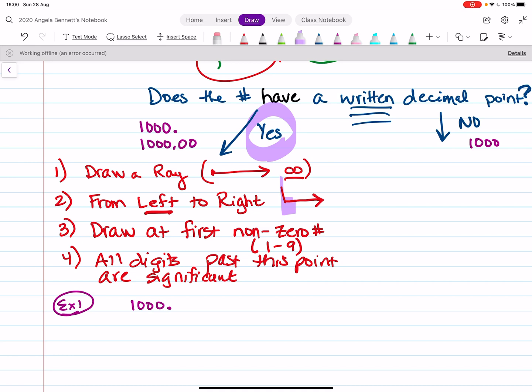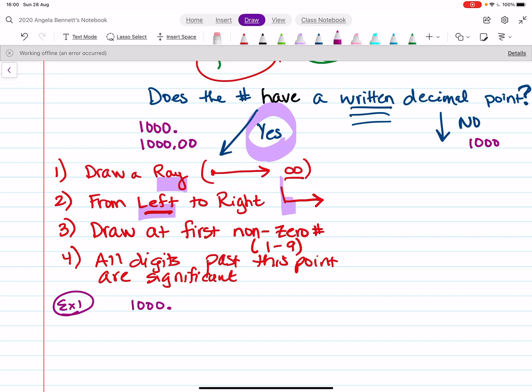So I'm going to draw a ray, and I am going to start on the left-hand side of my number. As I approach my number from left to right, the first digit I encounter is a 1.